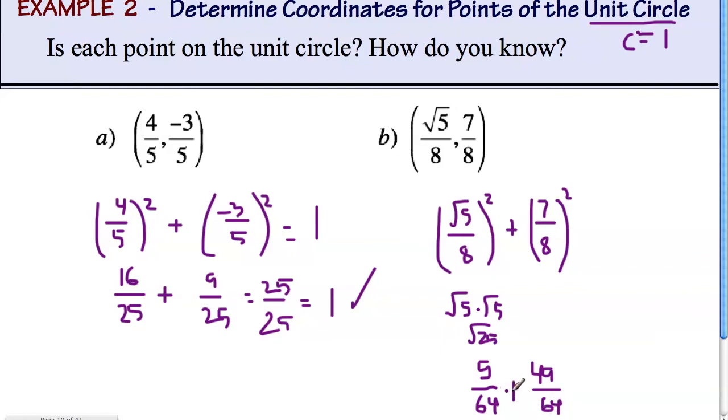And we add the numerators now, we get 54 over 64. And we say no. It's not on the unit circle because this does not equal 1.